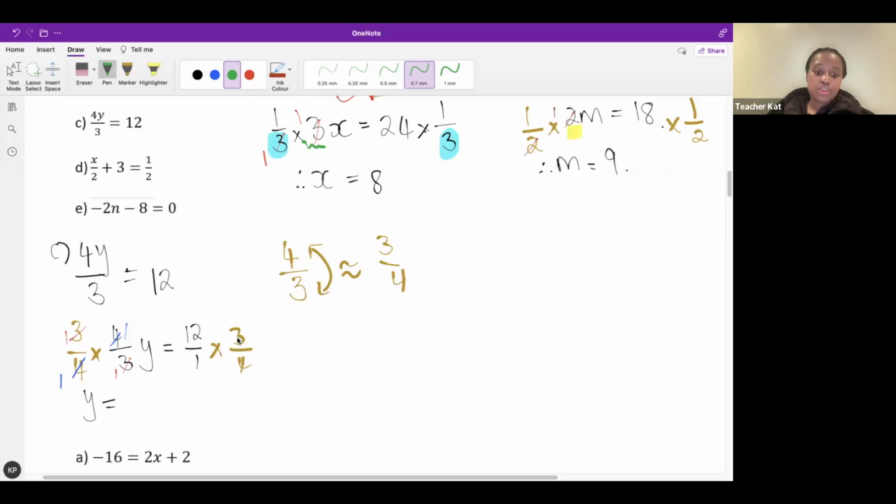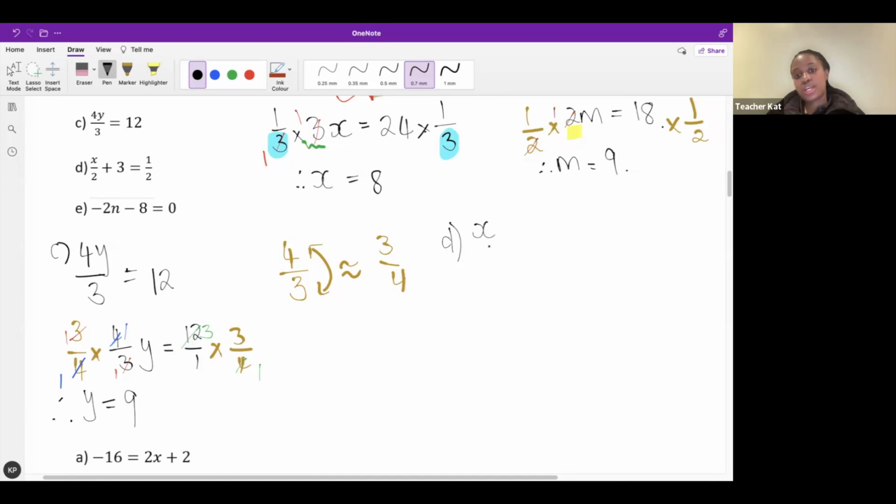Yes, there we go. So 4 goes into itself once, and into 12, 3 times. So now we're left with 3 times 3 at the top. What is 3 times 3? 9 over 1. So therefore y is just 9. Do you see the reciprocal is a little bit shorter? If you just do the reciprocal, it takes much less time to solve.